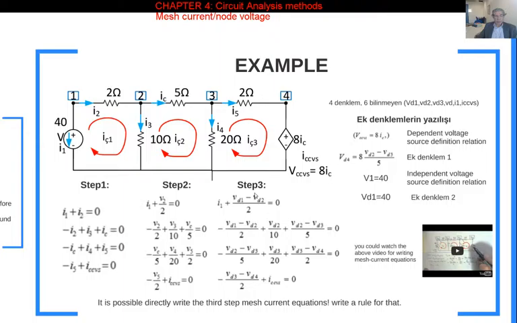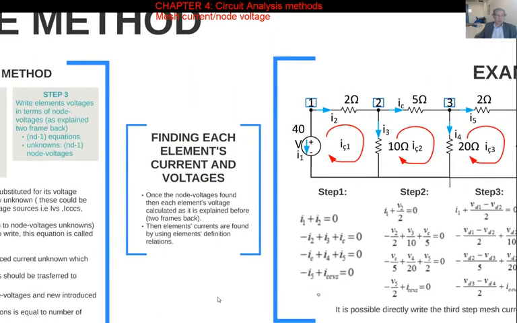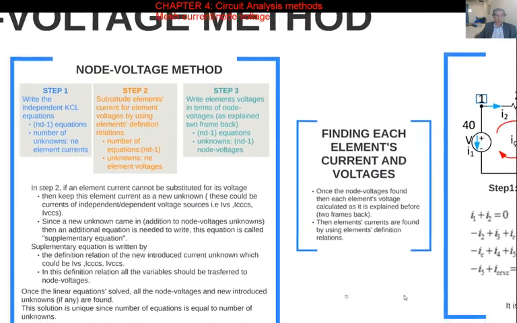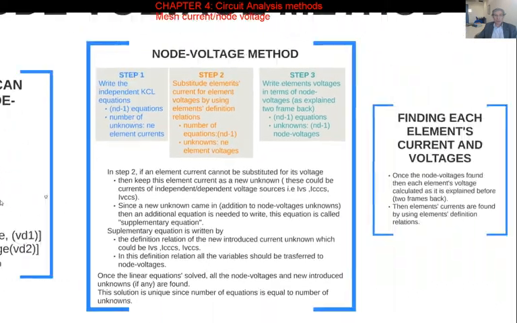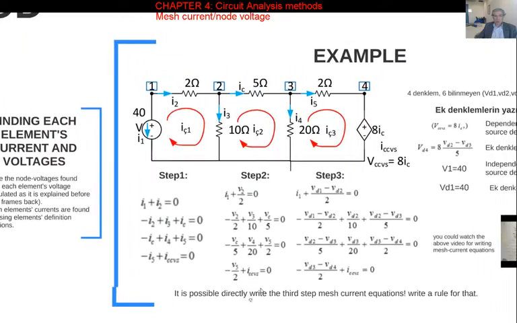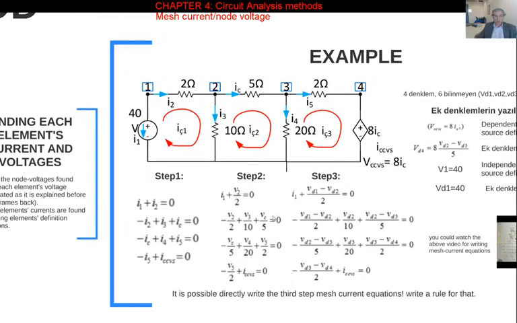The third step, I am going to replace all the voltages that I see in step 2 with the node voltages. It is easy because we already said how to find the element voltage in terms of node voltages. It is explained here. So you could use this rule and transfer all these voltages in step 2 to the node voltages. That's step 3.